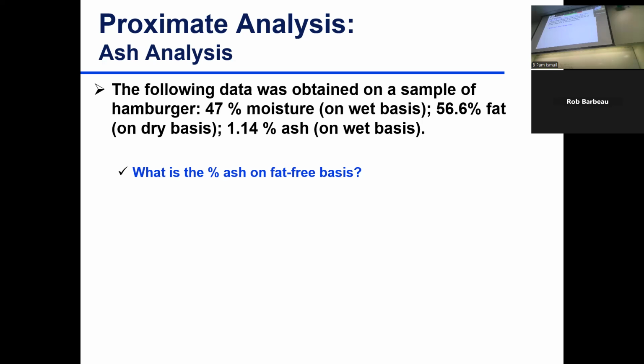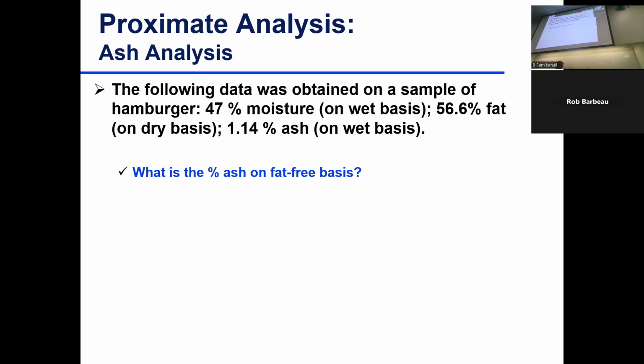What's your value? It's a little low. Okay, so you have 56.6%. So you have 56.6 grams of fat in 100 grams of dry matter. Does that sound right to you?